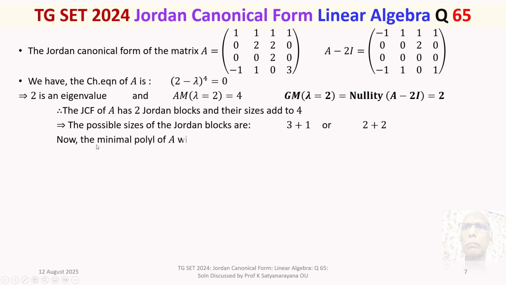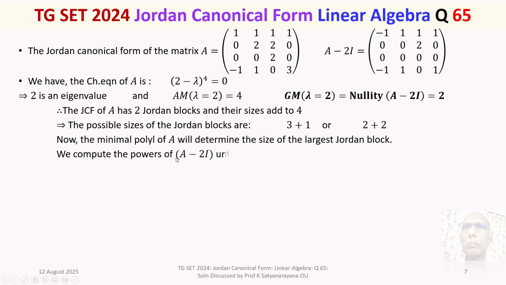Now the minimal polynomial of A will determine the size of the largest Jordan block. So what you do is, we compute the powers of A minus 2I until we get the 0 matrix.